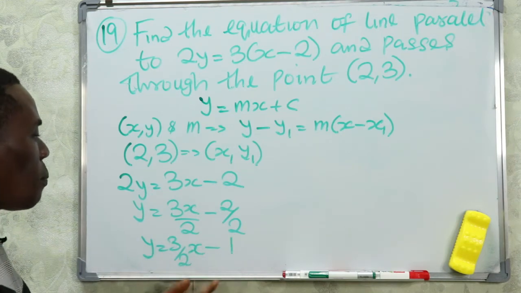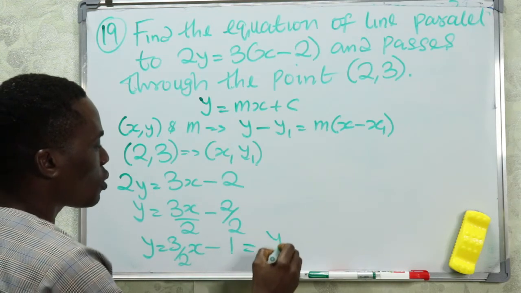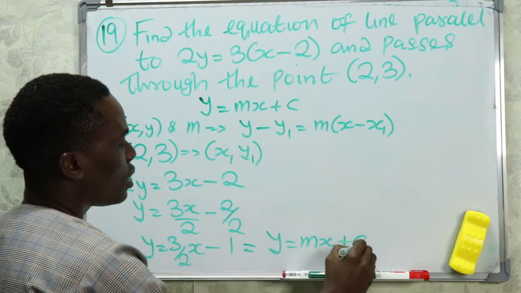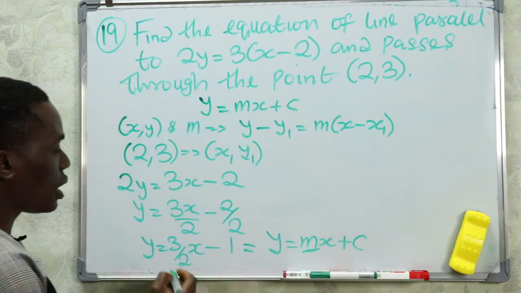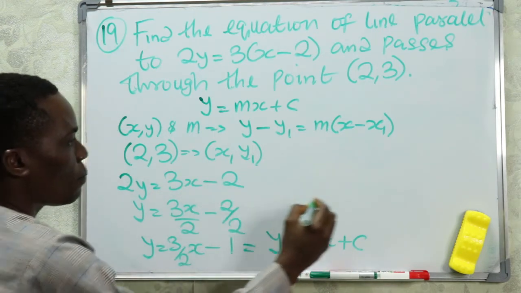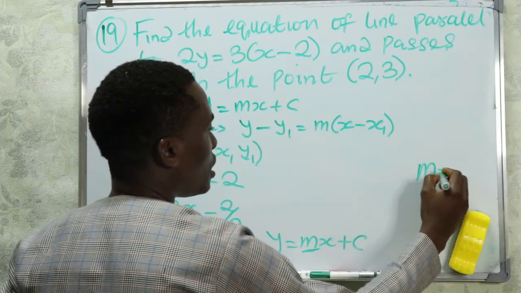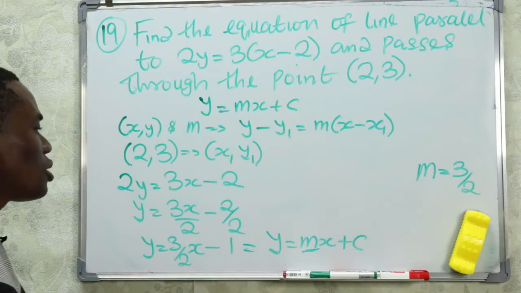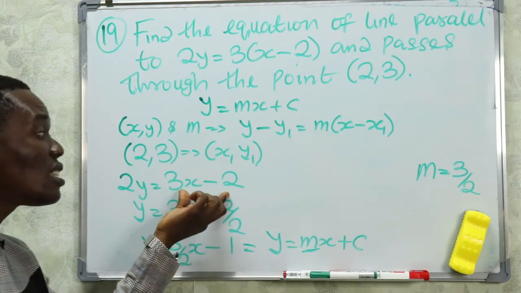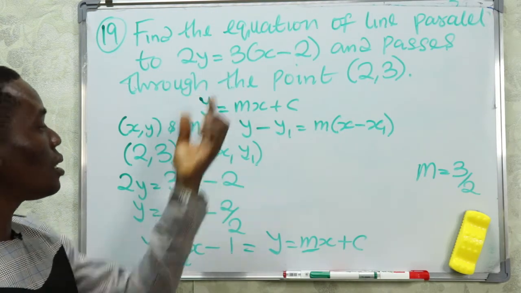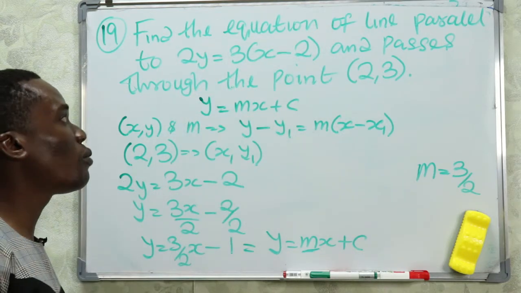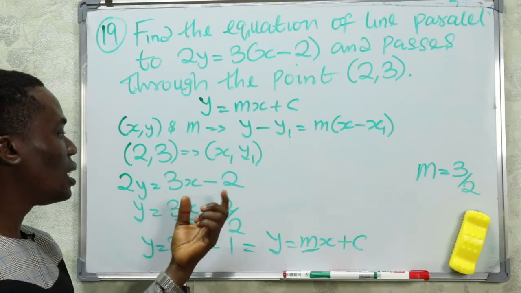If we compare this equation to y equal to mx plus c, you come to see now that our gradient m is equal to 3 over 2. So if the gradient of this equation is the same, the lines are parallel.